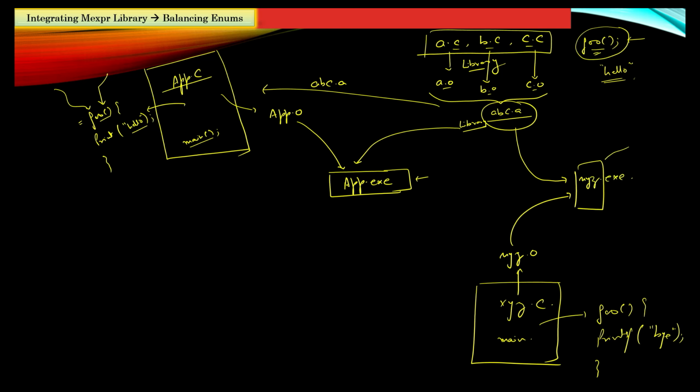And now in this executable file, at all the places where the function foo is invoked, bye will be printed. Right? So again, have we changed anything in the library code? No. The function foo which was invoked within the library code is replaced by the implementation of the function which is provided by the application in the linking process. Linking process means creation of the executable.